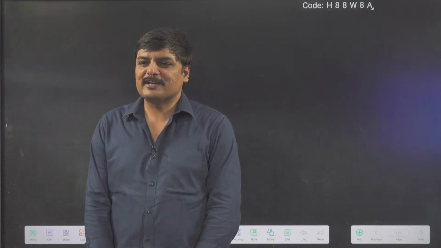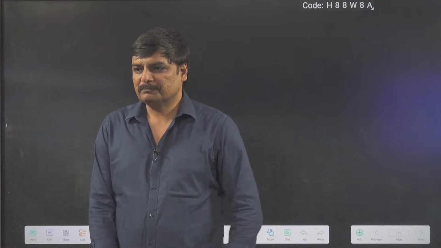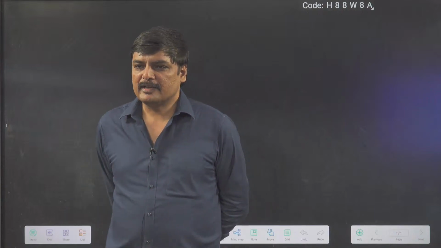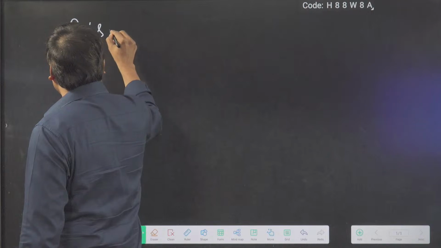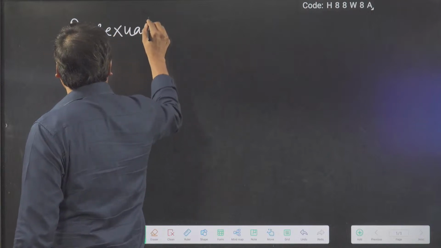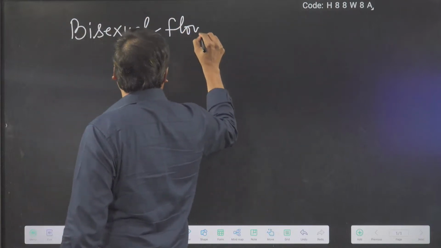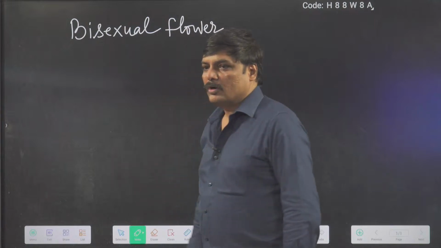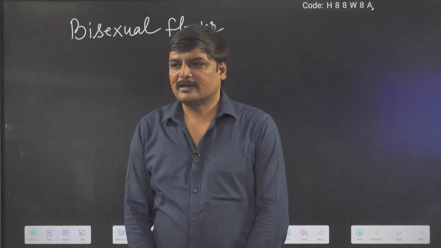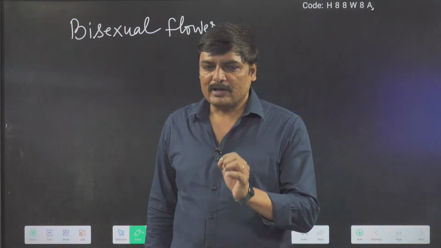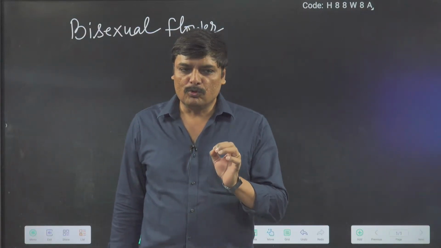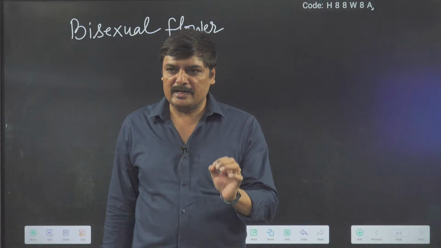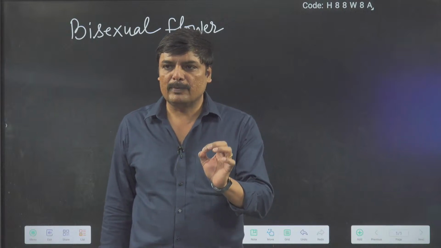What is a bisexual flower? A flower having both androecium and gynoecium is called a bisexual flower.